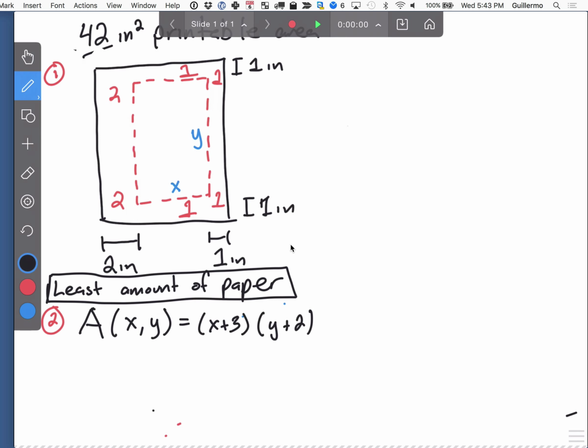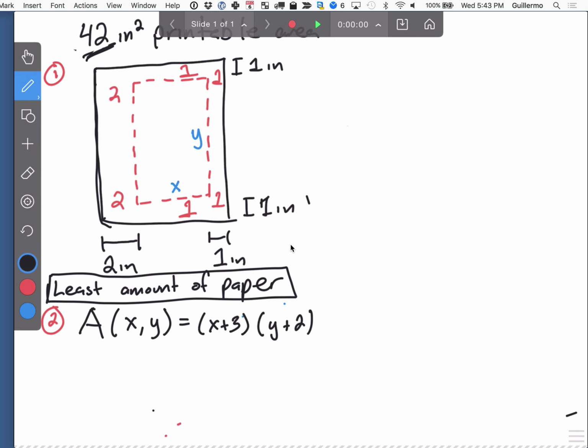So make sure that it's clear what it is that we're looking at. We want to use the least amount of paper, which in my picture is the black outline, right? And the red is the printable area, and that is a constant.